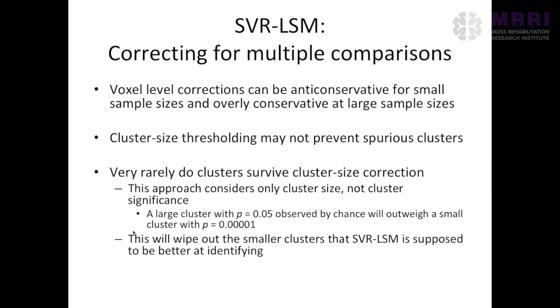And so what ends up happening is you'll wipe out small clusters, which is sort of the whole point of doing SVR-LSM, that this method is supposed to be better at finding those small clusters that hide in the noise, but now you're basically just wiping them out with your correction method. So you're sort of undoing all the good that you just tried to do.